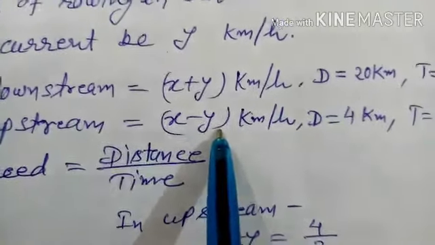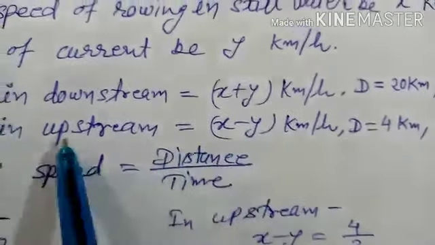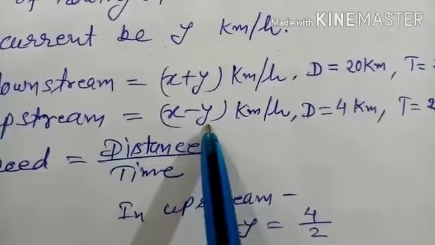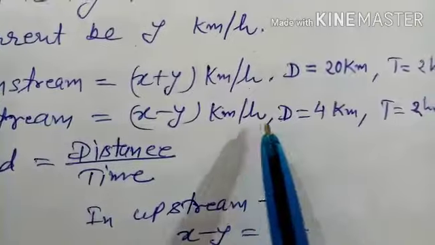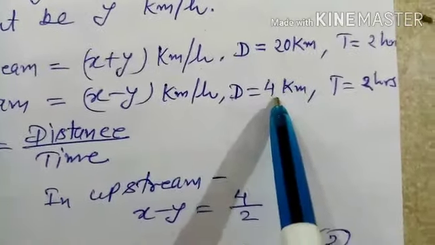It will be x minus y km per hour, because she is rowing against the flow. In this case she travels only 4 km in 2 hours.